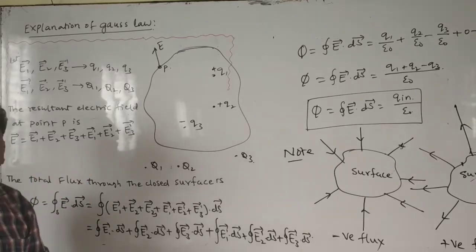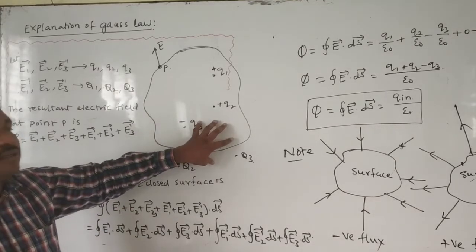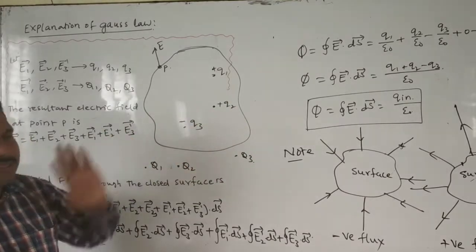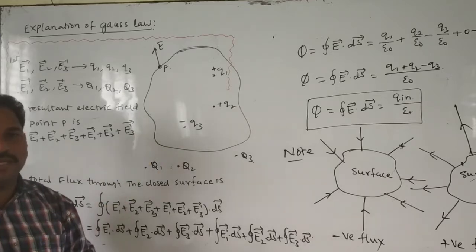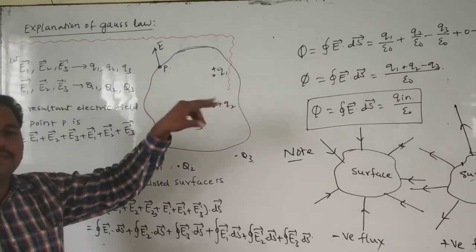Now we are going to calculate how much electric flux is linked with all these charges through the Gaussian surface. Now consider a point P on the surface.